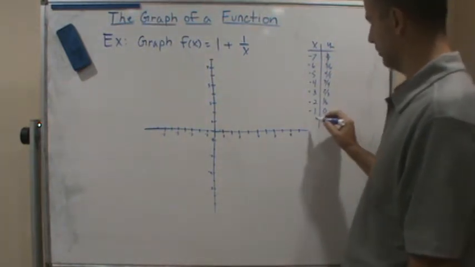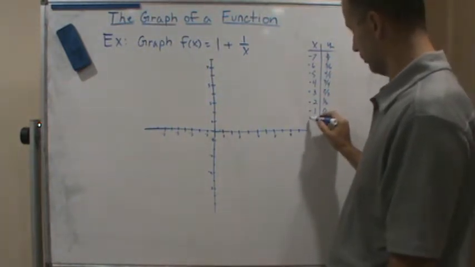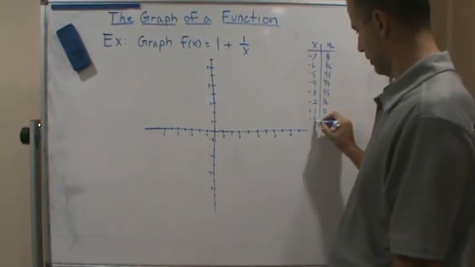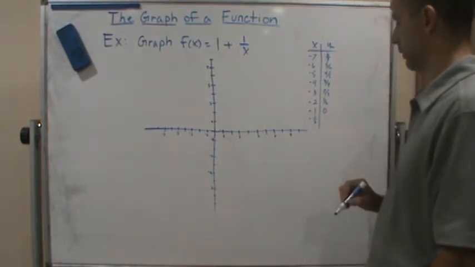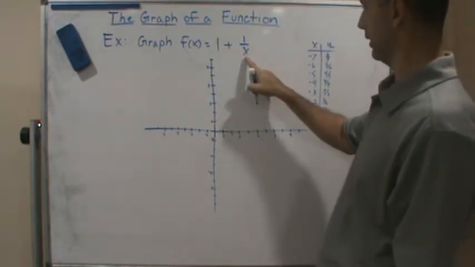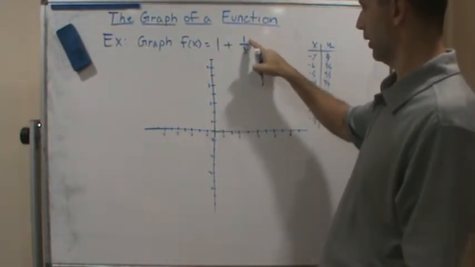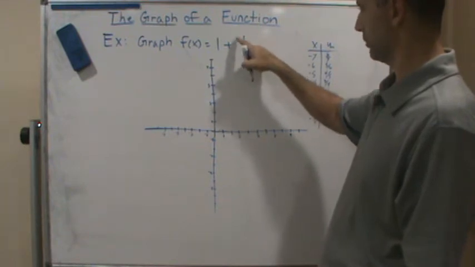So let's put in negative 1/3. If we put negative 1/3 in here, this whole thing is 1 over negative 1/3, which becomes negative 3.